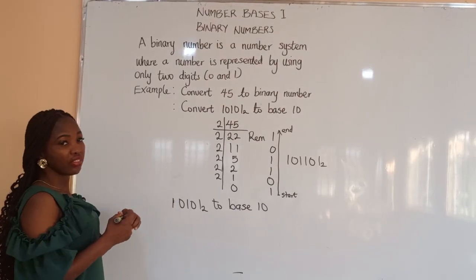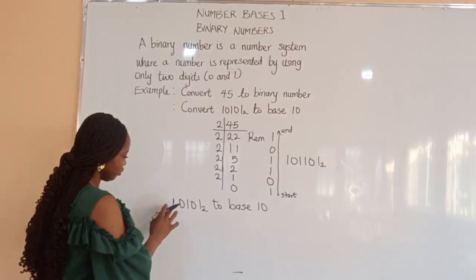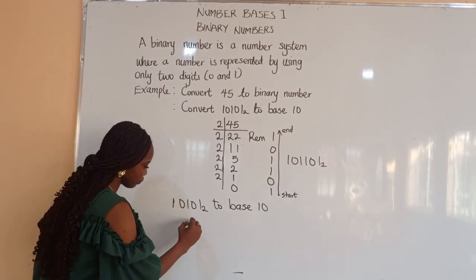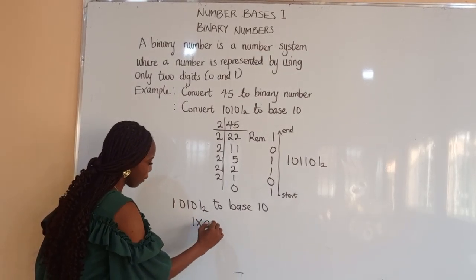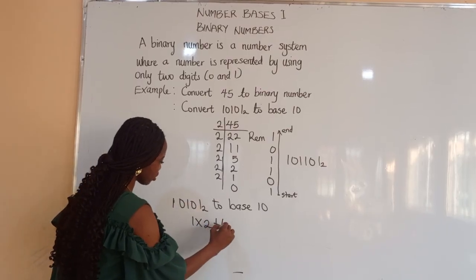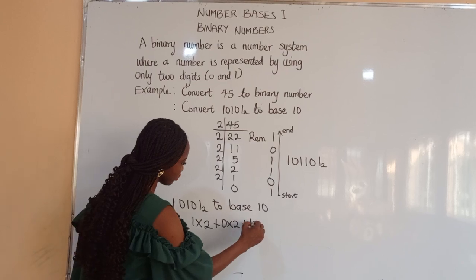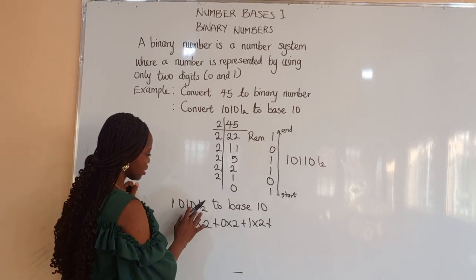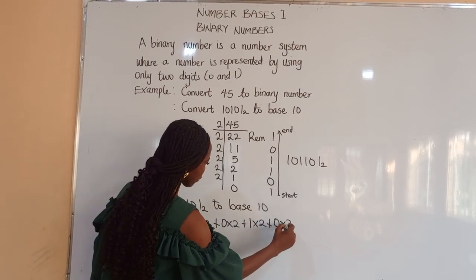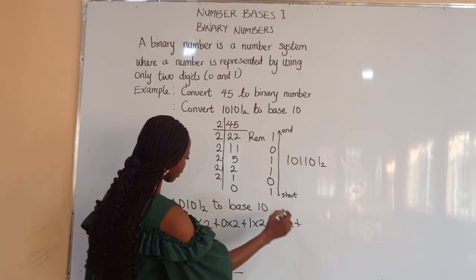Now let's see. The first thing you're going to do, you're going to do 1 times 2 plus 0 times 2 plus 1 times 2 plus 0 times 2 plus 1 times 2.